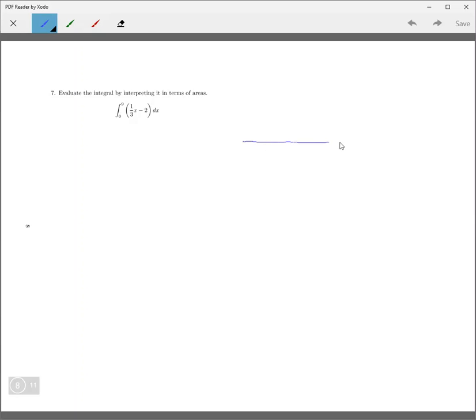Okay, so for this one, what we're going to look at is y equals 1/3 x minus 2, and we're going from 0 to 9. Now, when you're at 0, this has the y-intercept -2, so you're down here at -2.